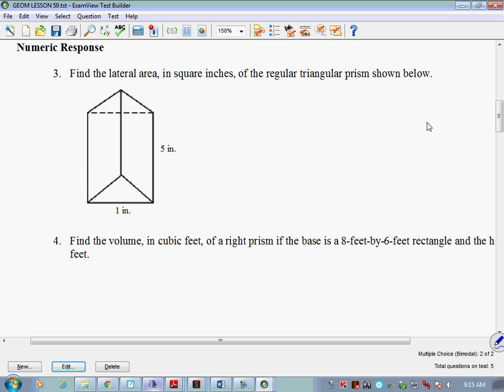Okay, number 3, find the lateral area in square inches of this rectangular prism shown below. Lateral area does not include the bases. Here, the bases are those parallel triangles here and here. We're not going to include those areas. So, lateral area equals the perimeter of the base times the height.